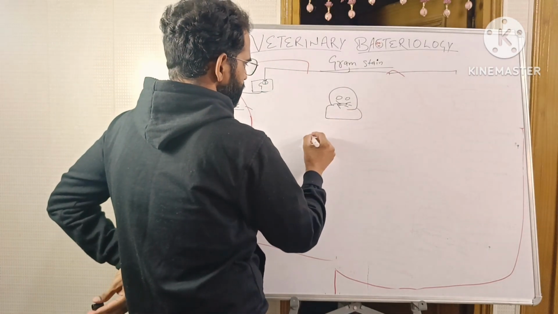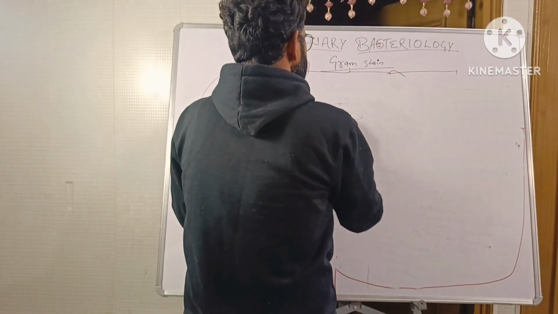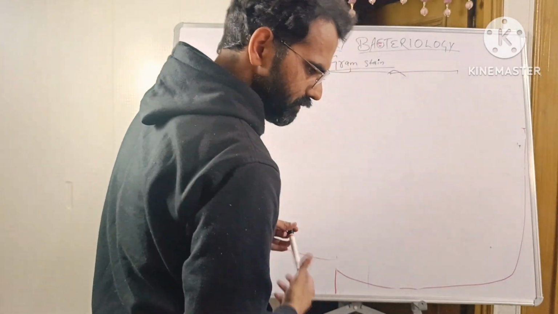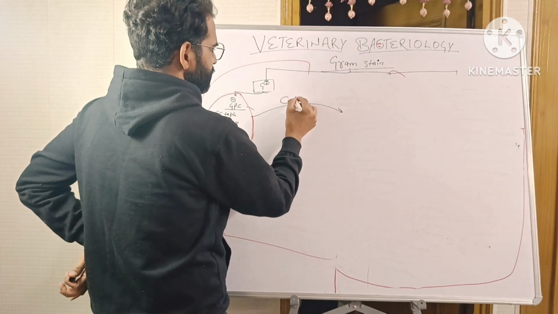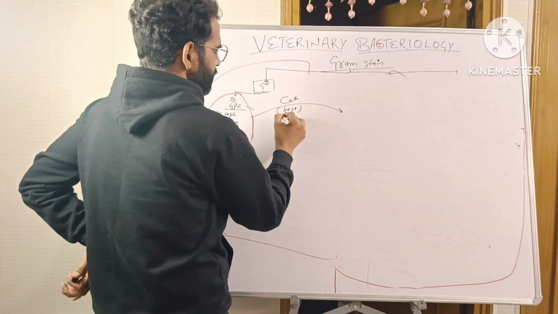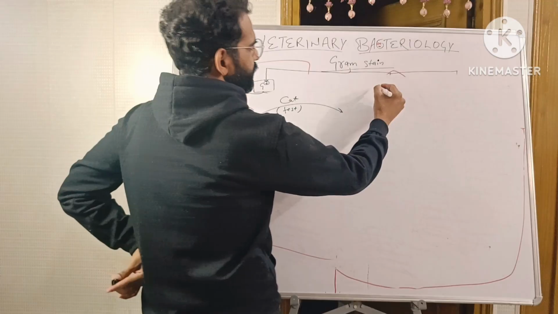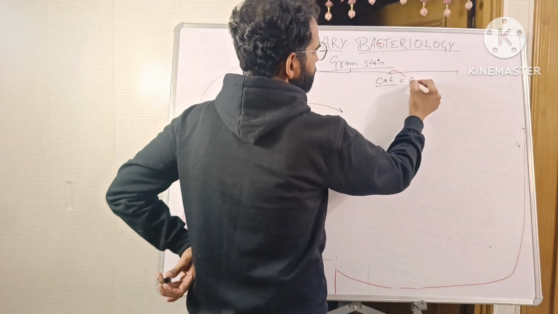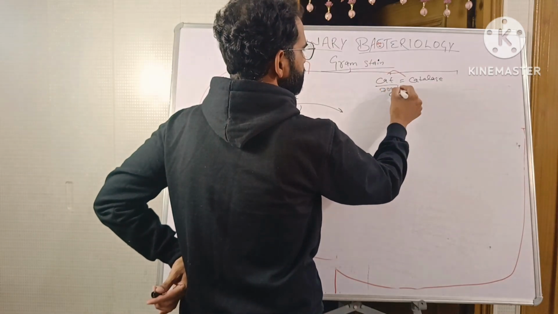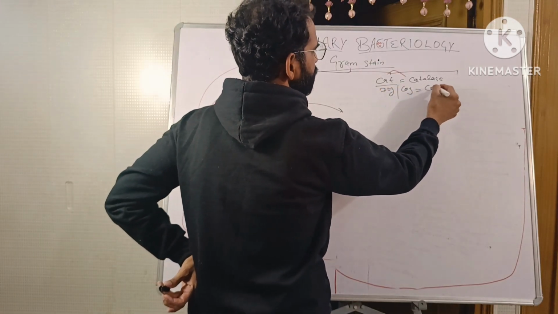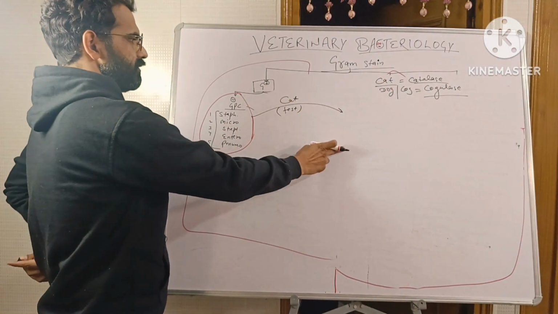One will be the cat and one will be the dog test. First we'll apply the cat, then we'll apply the dog. Cat is catalase, and dog is nothing but coagulase. These are the cat and dog tests.